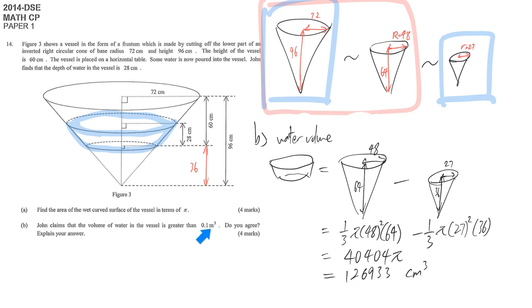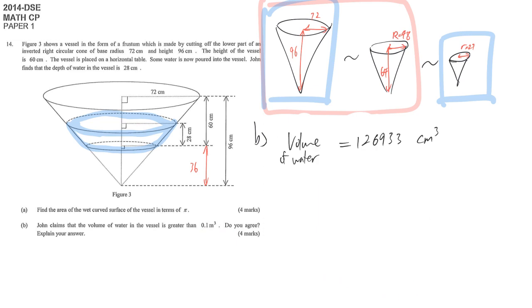And then we need to compare with this one. However, this one is meters power 3 and this one is cm power 3. They are not the same unit. So our target is to change these units to meters. In primary school, we know that 1 meter represents 100 cm. Therefore, whenever you find cm, it represents 1 divided by 100 meter.